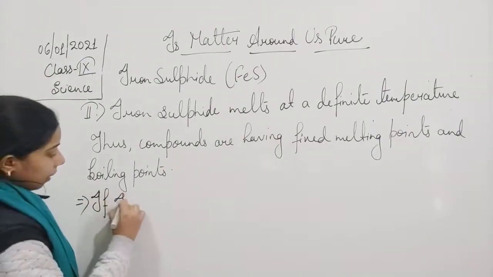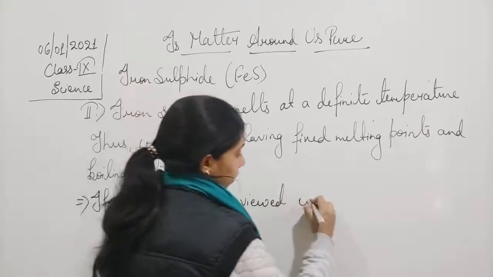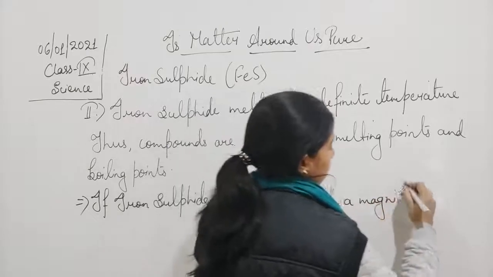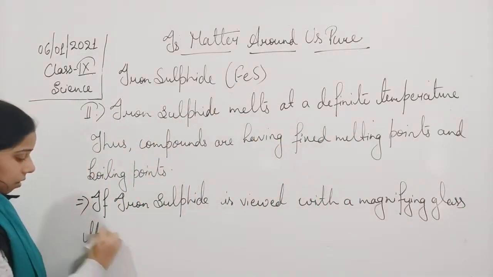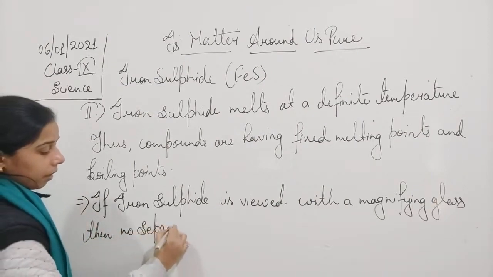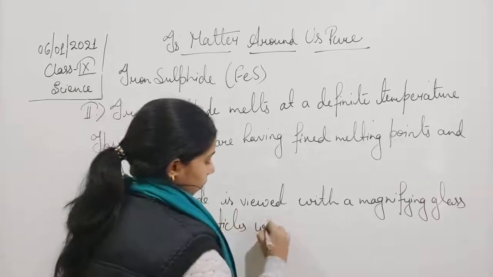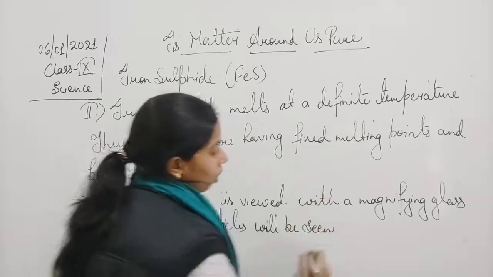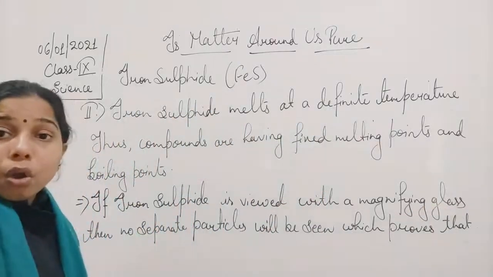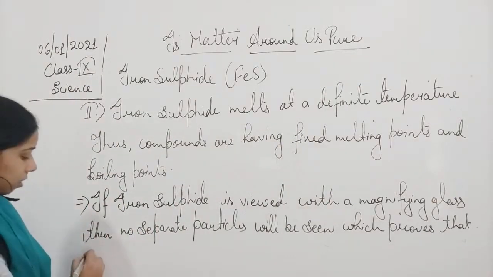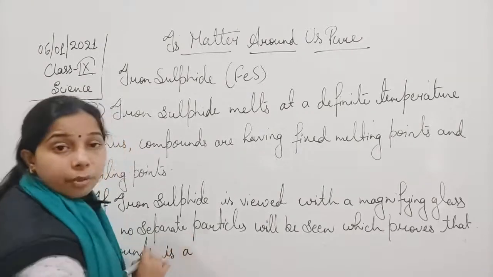So we can write it: if iron sulfide is viewed with the help of a magnifying glass, then no separate particles will be seen, which proves that a compound is a homogeneous mixture.